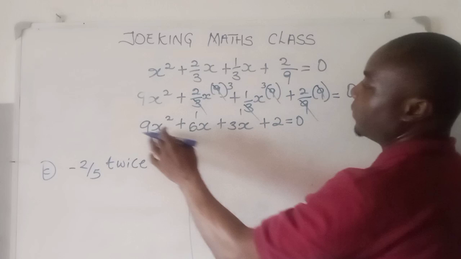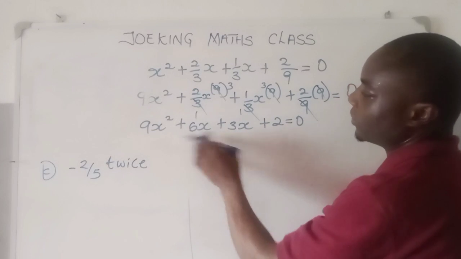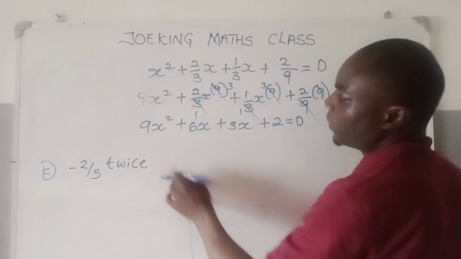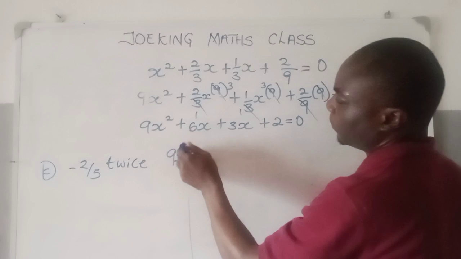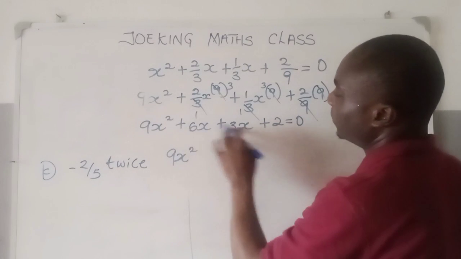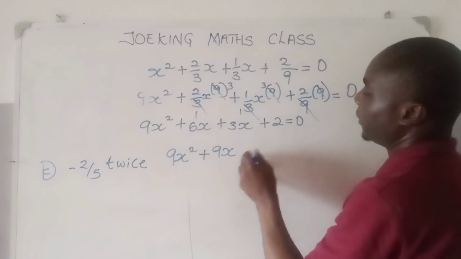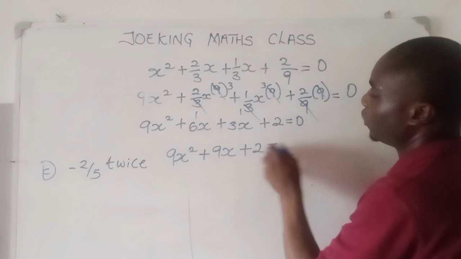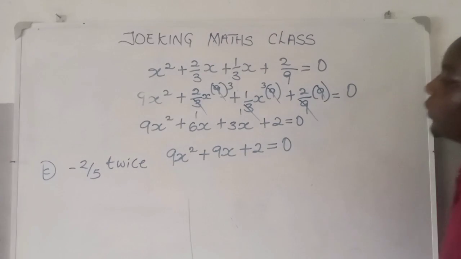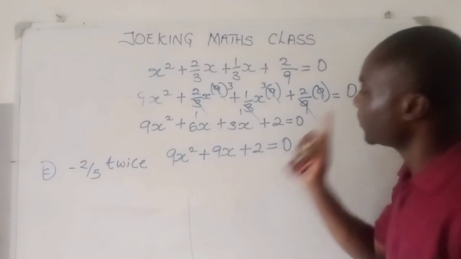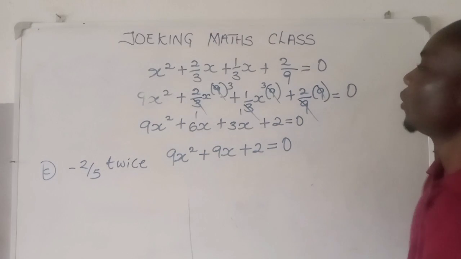So I have 9x squared plus 6x plus 3x. Since I have 6x plus 3x, I can add them together. I'll bring down my 9x squared, then 6x plus 3x will give me 9x, then plus 2 is equal to 0. So this quadratic equation is 9x squared plus 9x plus 2 equal to 0.